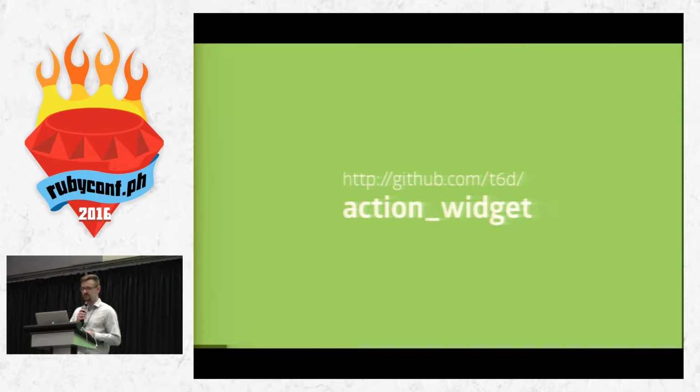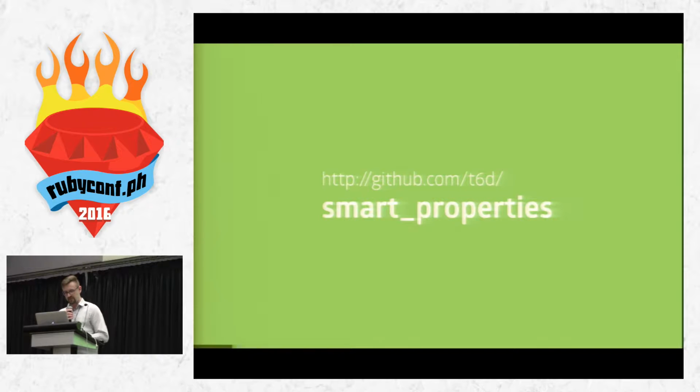I'm also maintaining Action Widget, which is the open source implementation of the UI component system we use at Shopify. And relevant to this talk, I maintain Smart Properties, which is a library for defining smarter attribute accessors. They support conversion, default values, and a keyword-based initializer if you flag them as required.